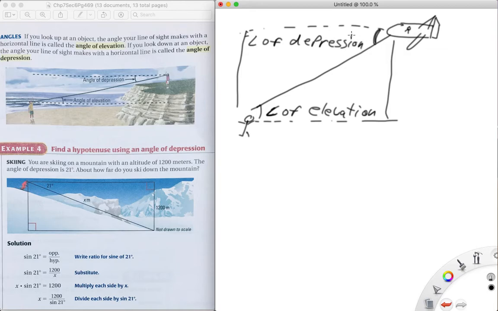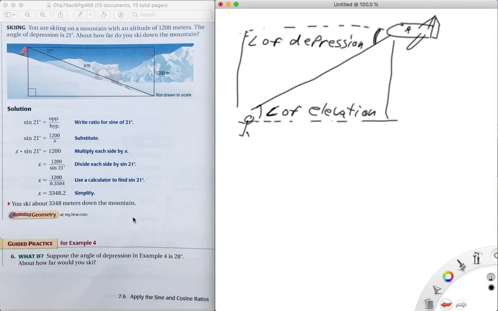Angle of depression: line of sight of somebody looking down upon an object. Angle of elevation: the line of sight of someone looking up at an object.